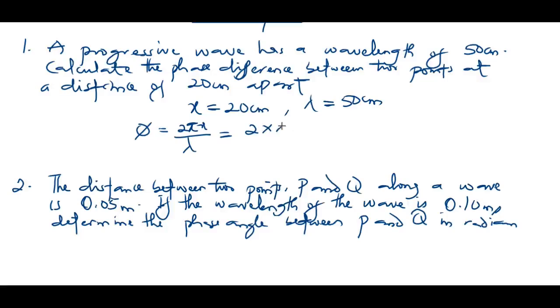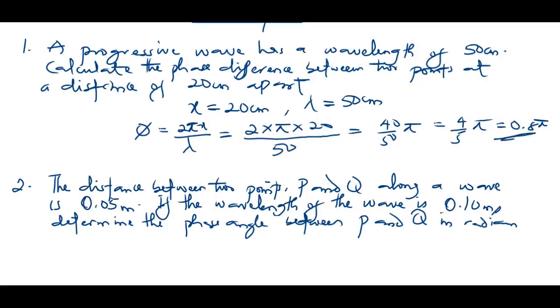So here we have 2 times pi times x, 20, over lambda, 50. So that is 40 over 50 pi, that is 4 over 5 pi, or 0.8 pi.